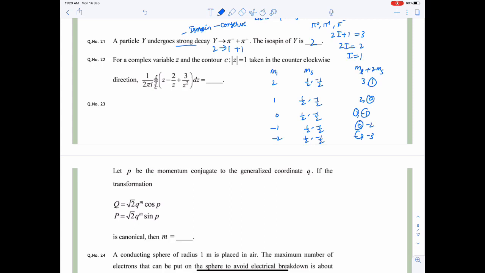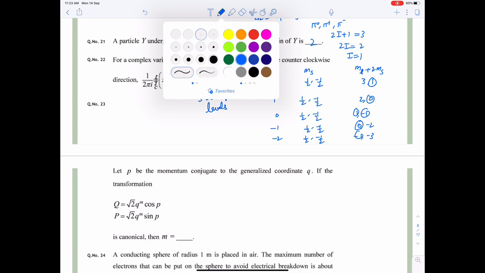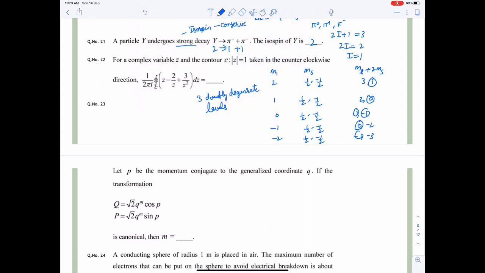So there are 3 doubly degenerate levels.